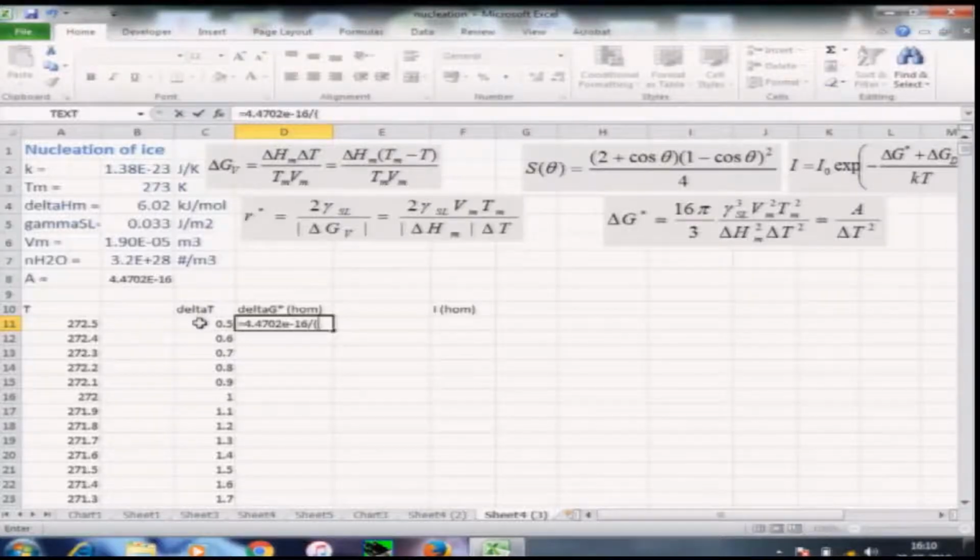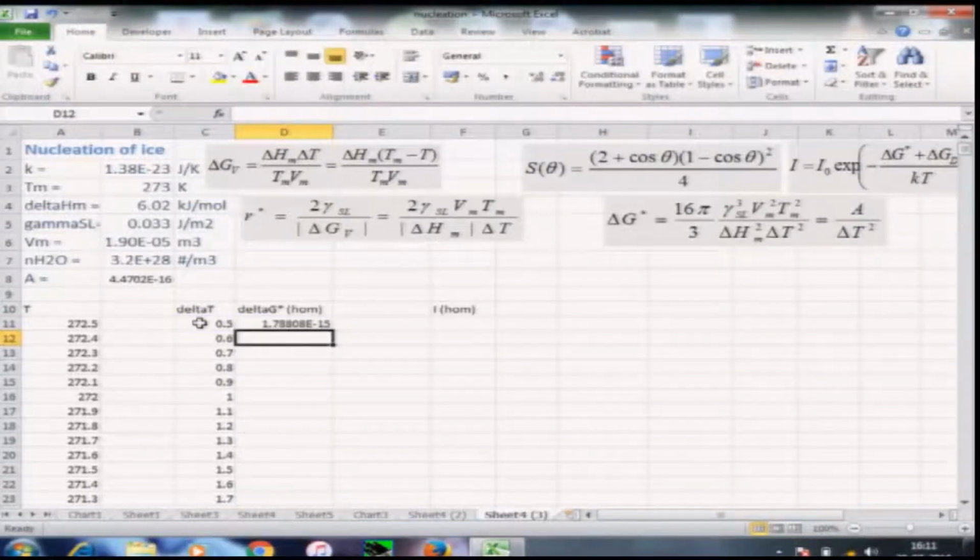So, this is my delta T, and I square it by putting a hat sign 2 to represent that this is being raised to power 2. So, with this I get that at an undercooling of 0.5, my value of the critical free energy is 1.788 into 10 to power minus 15 joules.